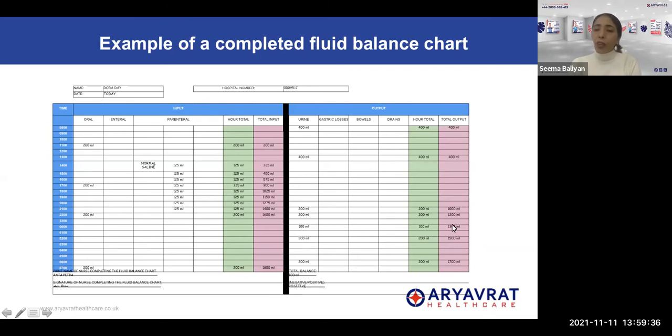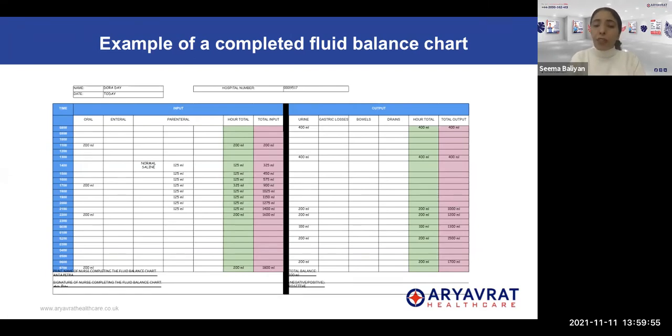Once we have got the total input and the total output, we come to the total fluid balance, considering both the input and the output. So you are going to subtract the output from the input.